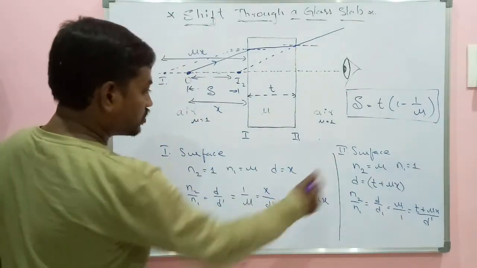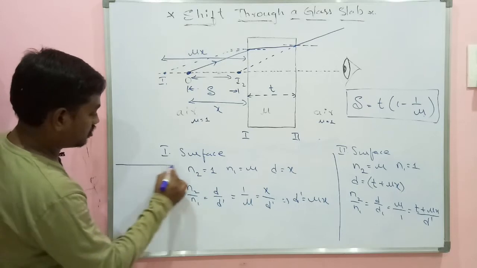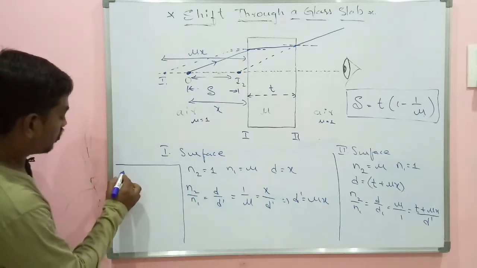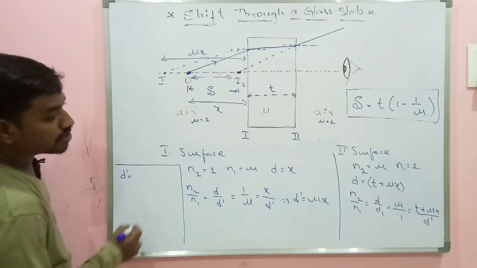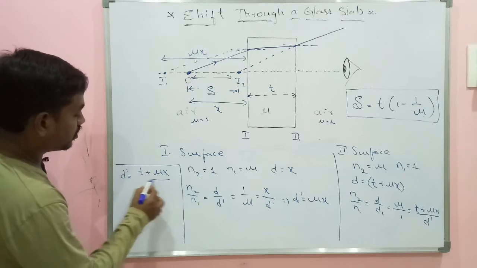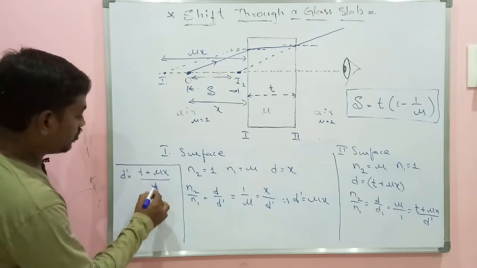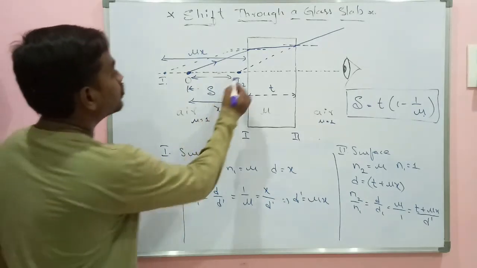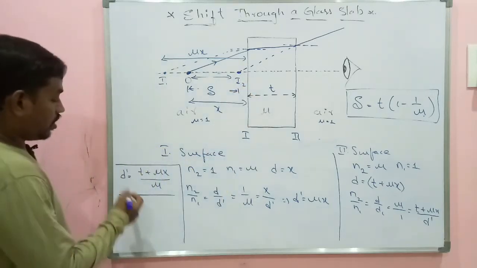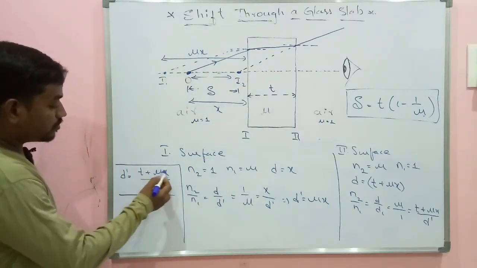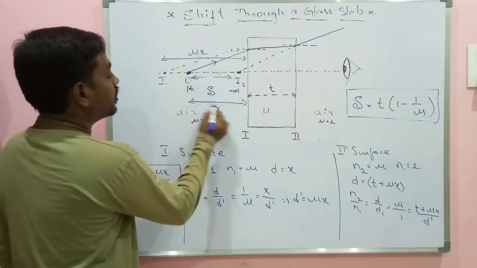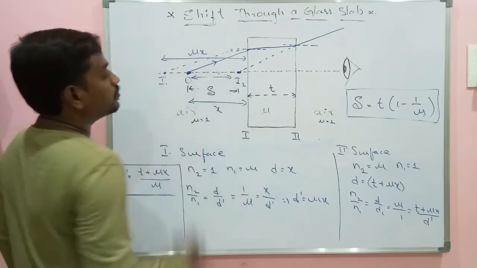So if I rearrange that, d dash equals T plus mu x divided by mu. That is the position of your I2. I2 is formed at a distance of T plus mu x by mu. Now I want the distance between O and I2.